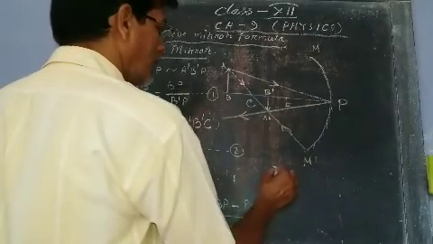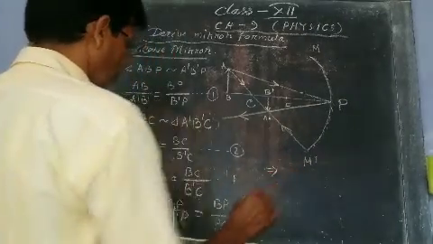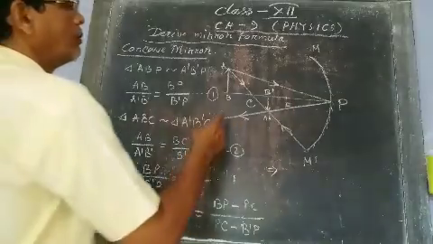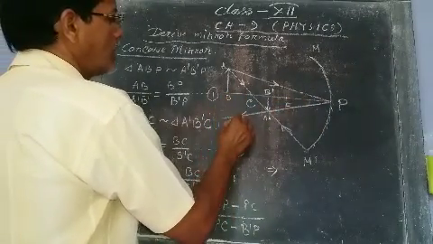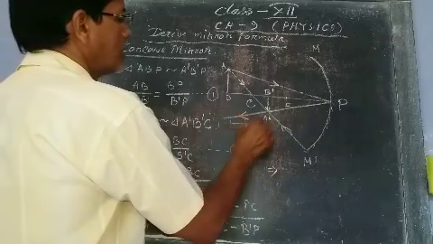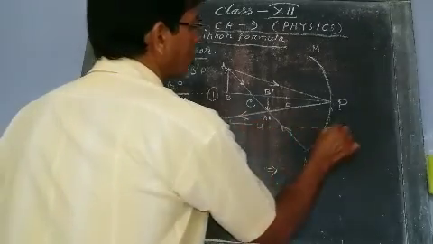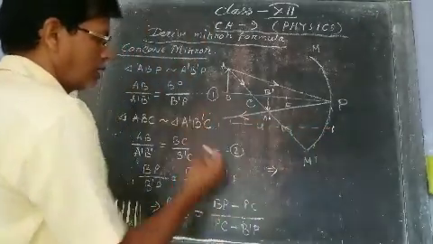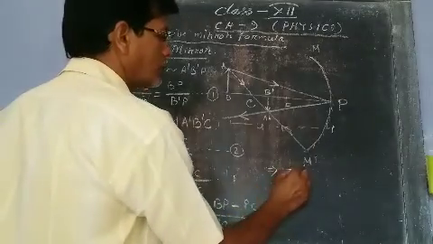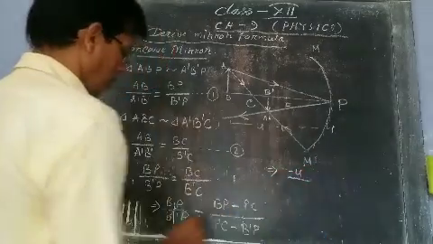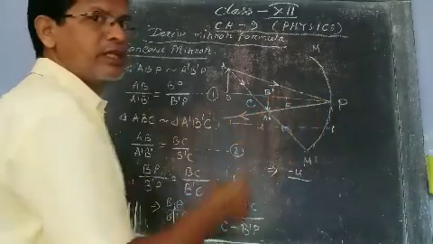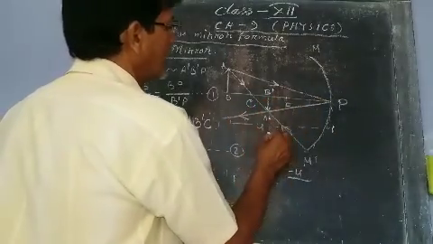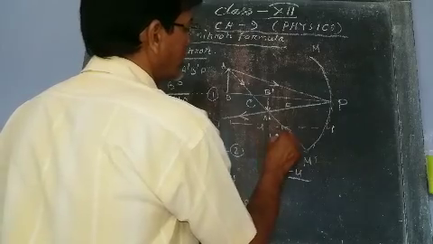What is BP? BP means object distance. So this is u, but on the left side, so this is minus u. B dash P is v, which is also on the left side, so this is minus v.